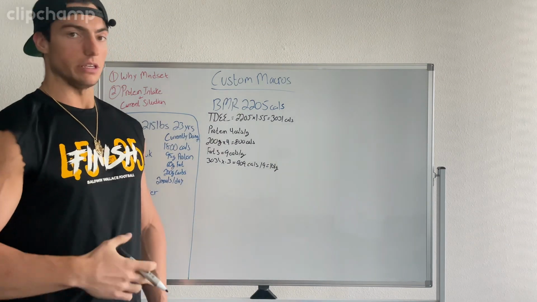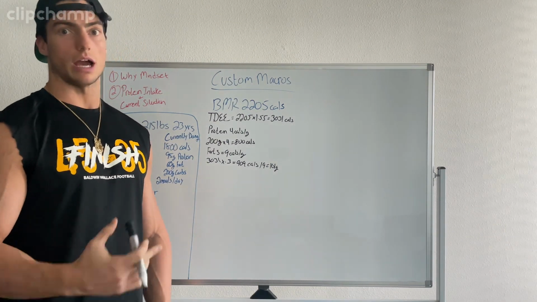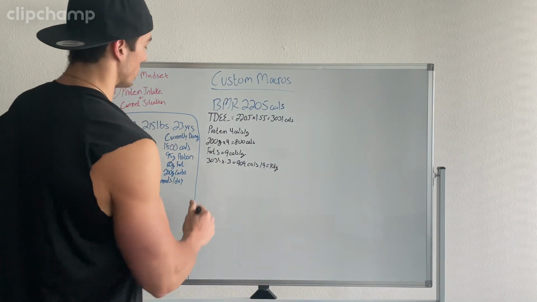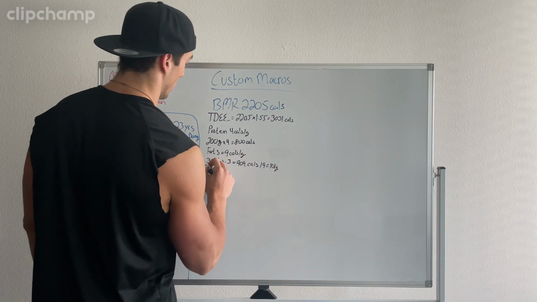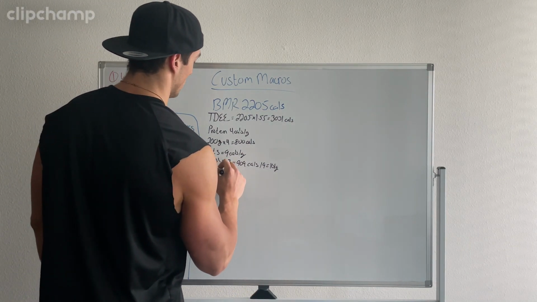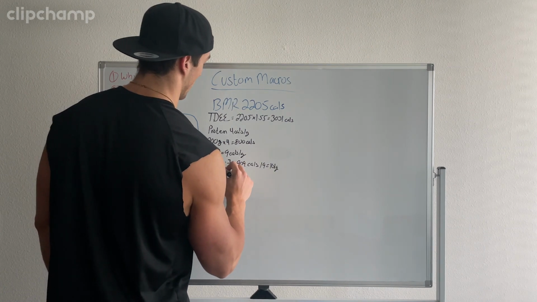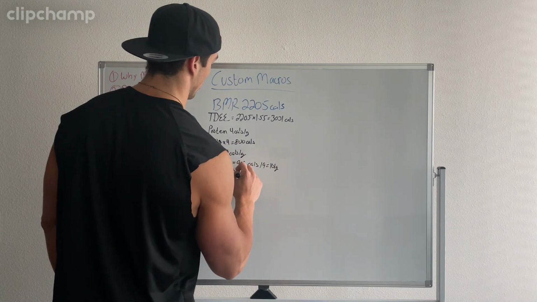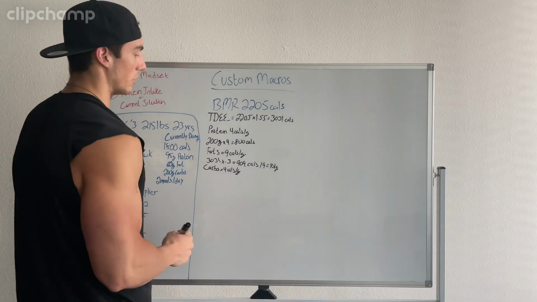Now, since we have the protein and we have the fats, how do we get the carbs? Well, carbs are pretty simple math too. Carbs equals 4 calories per gram. So how do we get carbs?